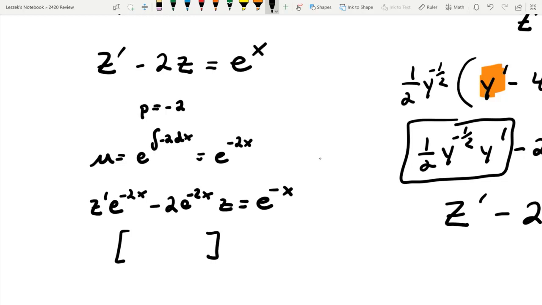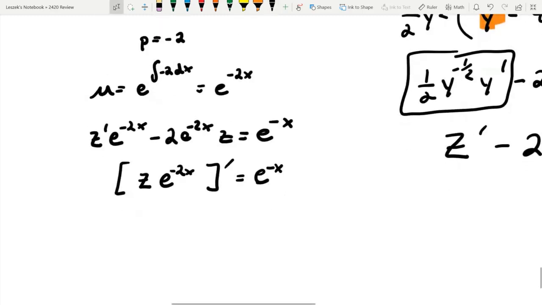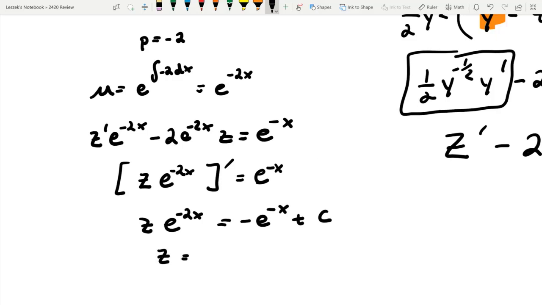By design, the left-hand side is just the product rule of z times the integrating factor. All right, we anti-differentiate both sides, not forgetting our constant of integration, and finally divide by the integrating factor.